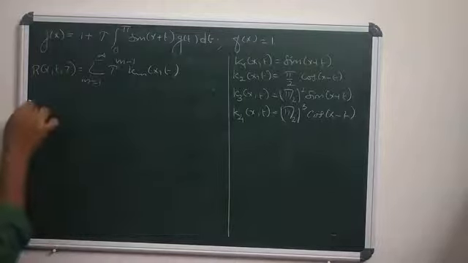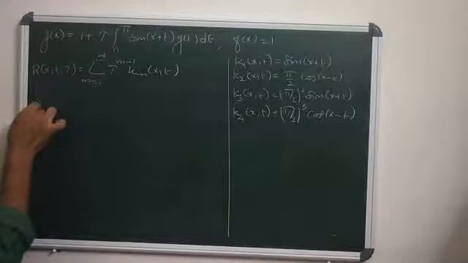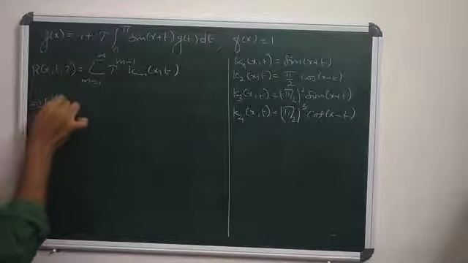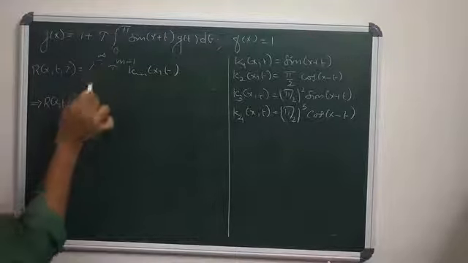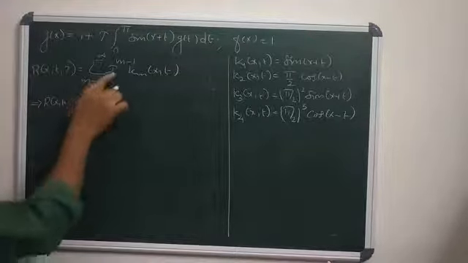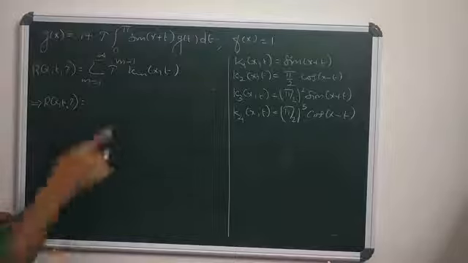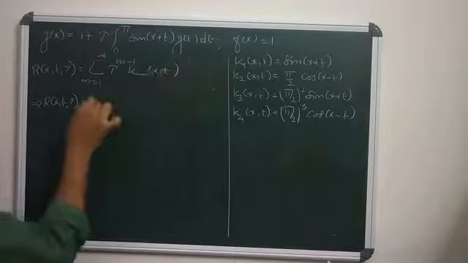Okay, so that implies r(x,t,λ) equals, when m equals 1, λ to the power 0, that is 1 into k1(x,t). K1(x,t) is sin(x+t).